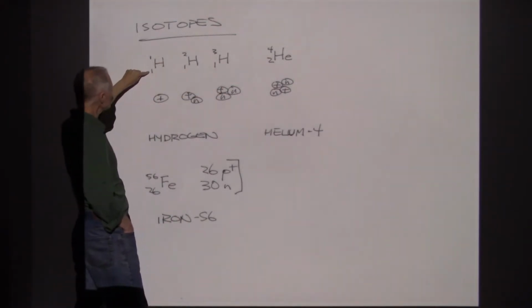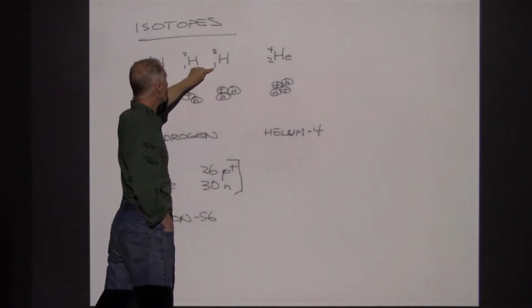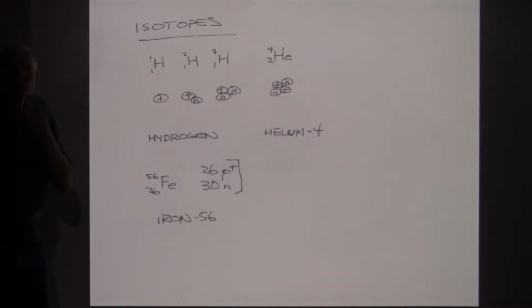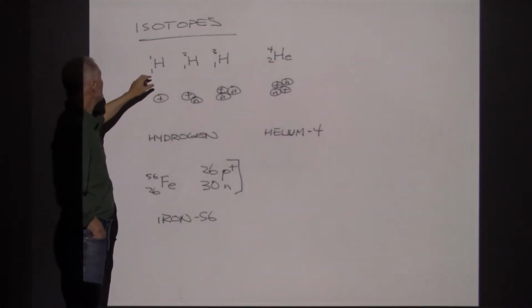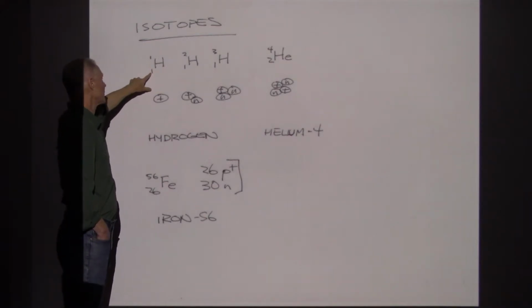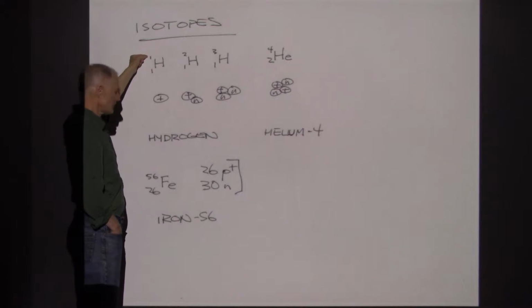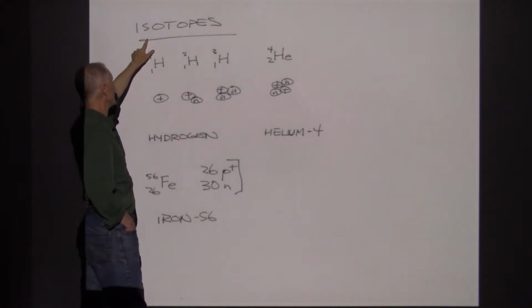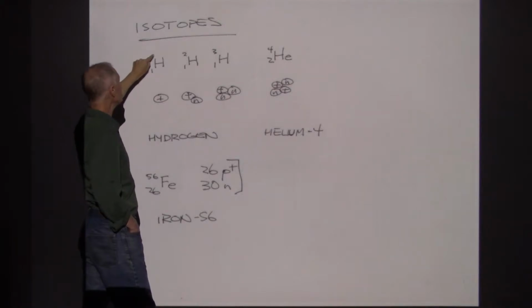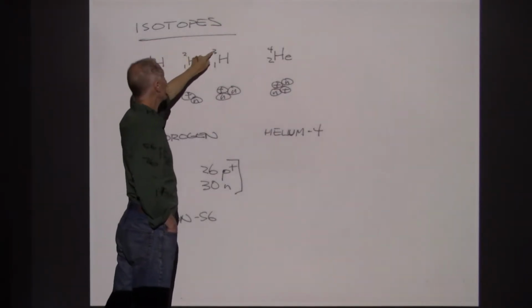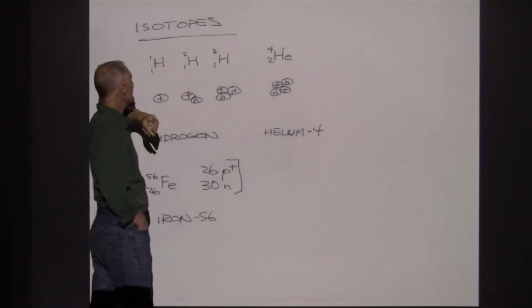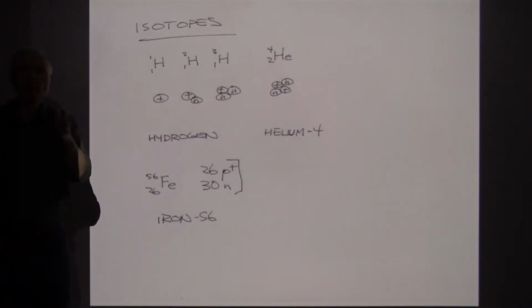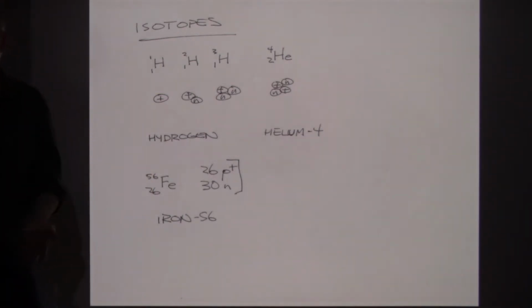And then the atomic number is 1 for each one of those, and you can see why that's redundant, right? If I know it's hydrogen, I know the atomic number is 1, and vice versa. Now the mass number is what's changing between the different isotopes. So I've got an isotope of hydrogen 1, hydrogen 2, hydrogen 3 is how we refer to that. So hydrogen 1, hydrogen 2, hydrogen 3 are isotopes of hydrogen.